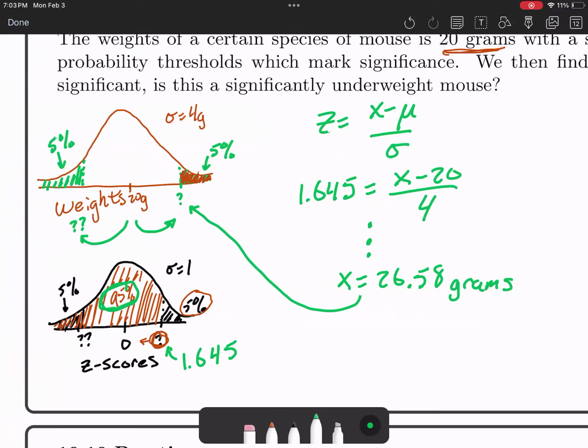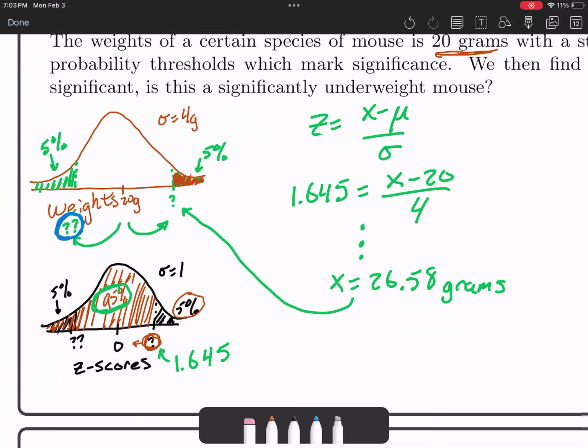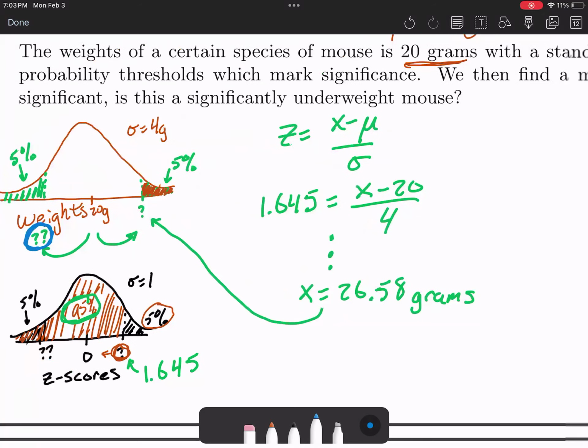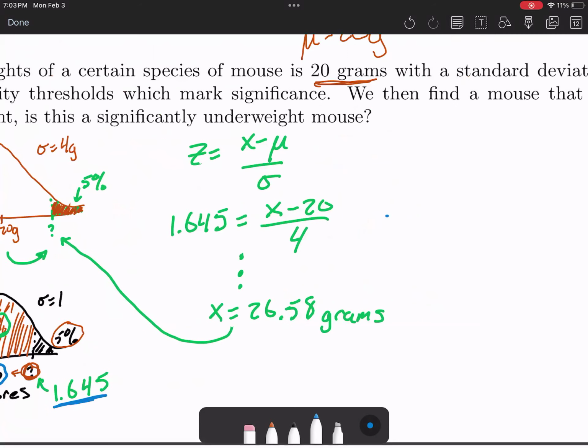So how do we find, let me switch colors, this z-score? Well, by symmetry, if this z-score was 1.645 and it's centered at 0, then that z-score must be minus 1.645. So if I go through this equation again and say my z-score should be minus 1.645, what point gives me that if my distribution is centered at 20 with a standard deviation of 4?